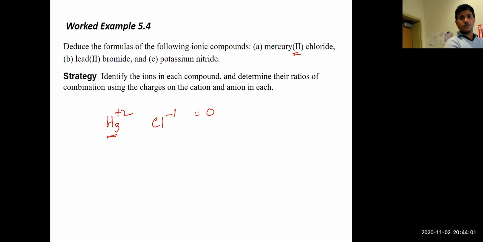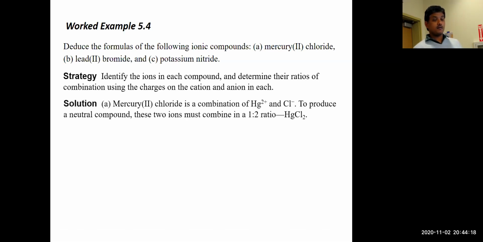It already has a fixed charge. You can always change how many non-metals you're going to have in this case. So if you have 2 chlorines, it's going to solve your problem. So your chemical formula is going to be HgCl2, right?